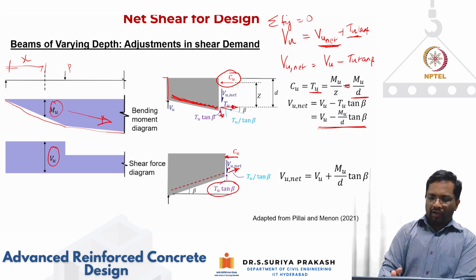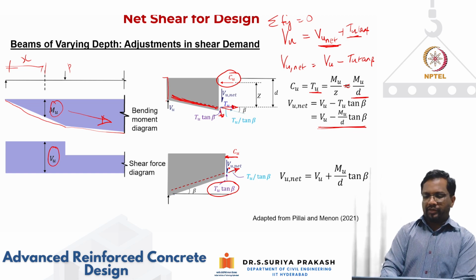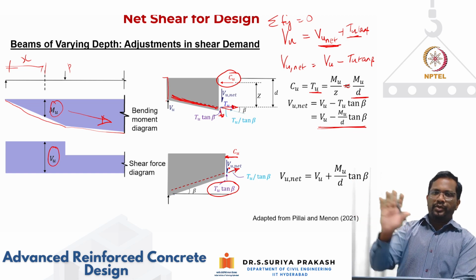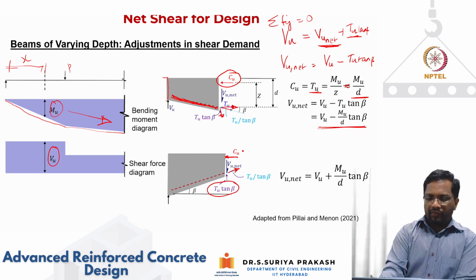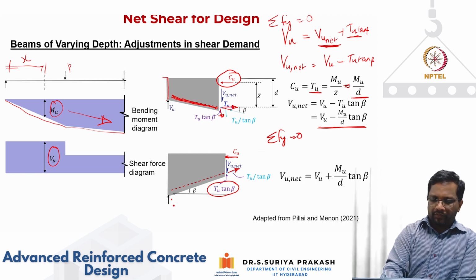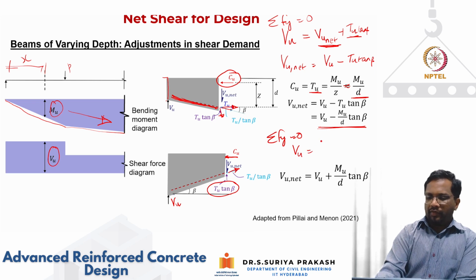Now that is acting in the opposite direction, because the force is going up, so the vertical component is going to be upward, not downward. So then again, if you look at your sigma Fy equal to 0, then you will have net shear, let's say this is Vu, acting up, Vu will be equal to Vu net minus Tu tan beta. Okay, so our Vu net will become Vu plus Tu tan beta.